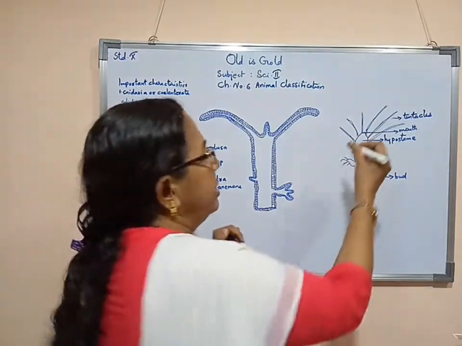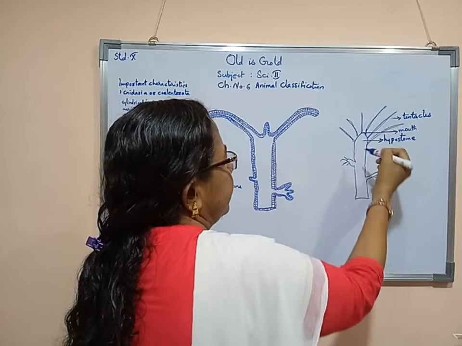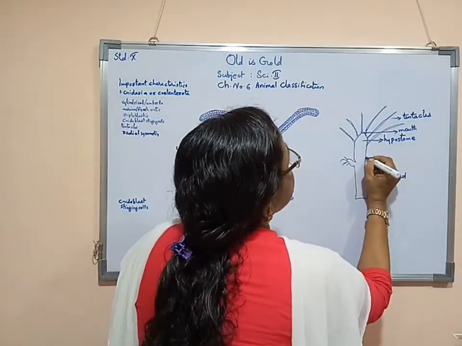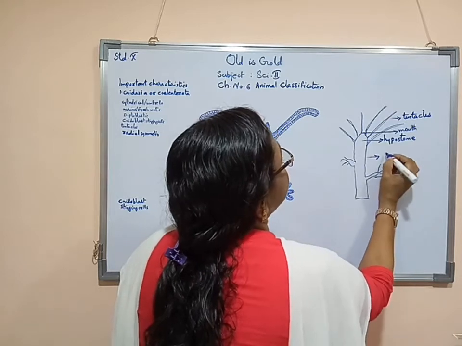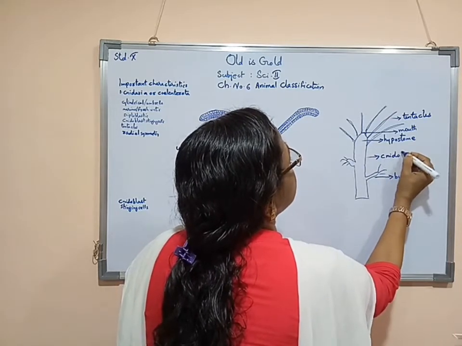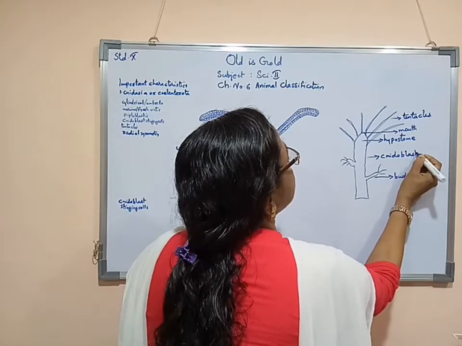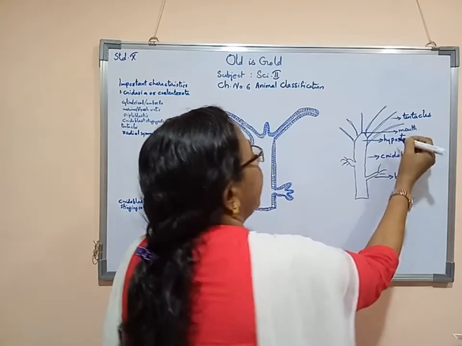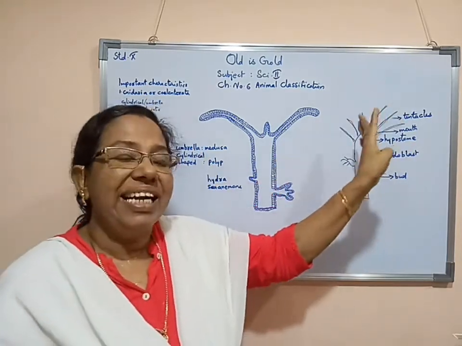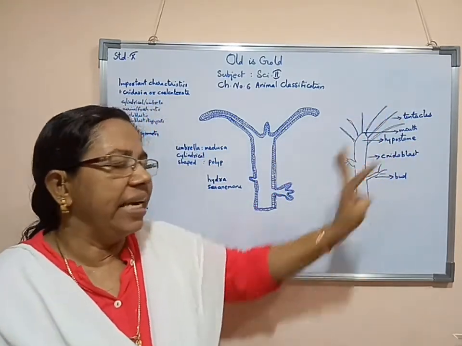Now the tentacles as well as its body will have stinging cells, which are known as cnidoblast. Here also it will be there, on the tentacles as well as the body part.